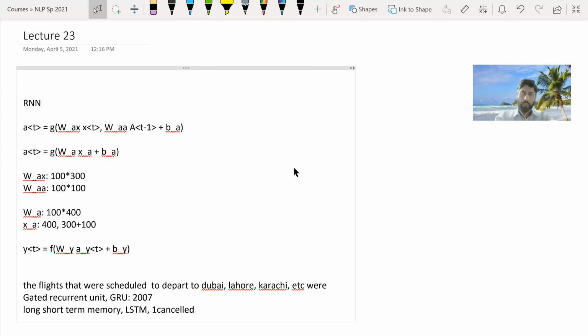And this was proposed before 1997, when even neural networks weren't that popular. But it was a kind of seminal paper then. This model is a bit more general, more flexible. So instead of following the historical perspective, we'll discuss first the simpler model, GRU, and then discuss the more flexible or general model, LSTM.